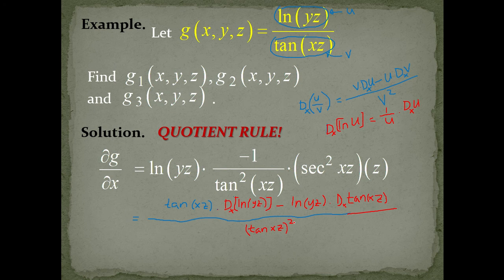Now, as mentioned a while ago, we have tangent xz here, and we have also tangent xz there, so when you divide, what is left at the numerator? The derivative of ln is 1 over u, where u is yz.